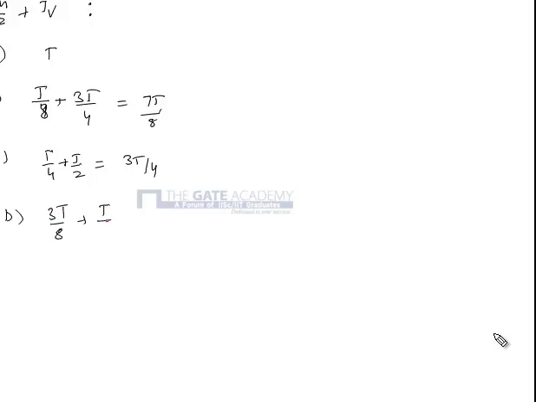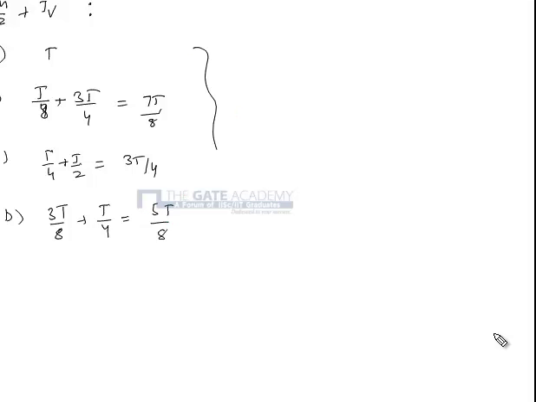For case A, substituting the values, this quantity will be T. For case B, it will be T by 8 plus 3T by 4, so 7T by 8. For case C, it will be T by 4 plus T by 2, which is 3T by 4. For case D, it will be 3T by 8 plus T by 4, which is 5T by 8.